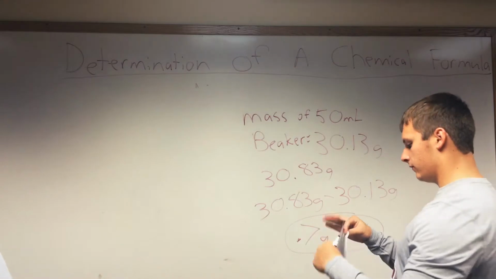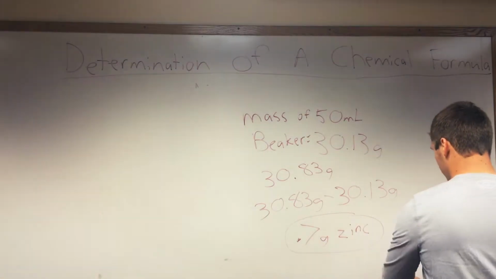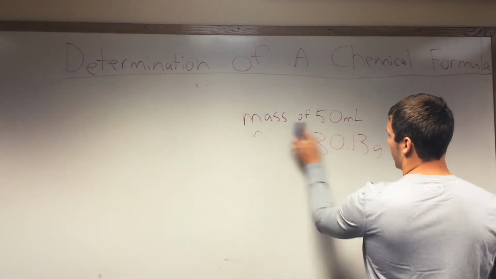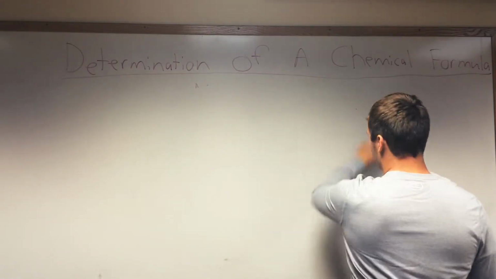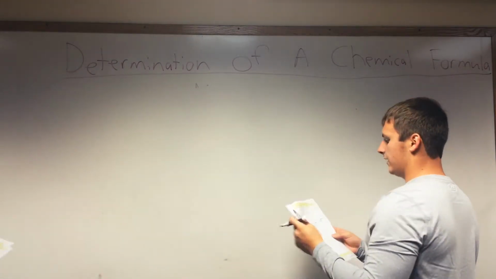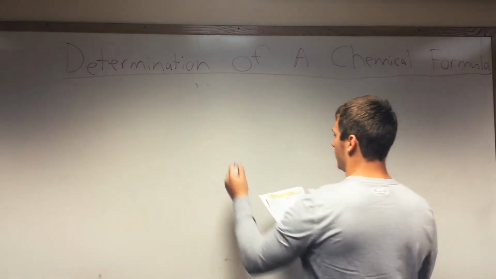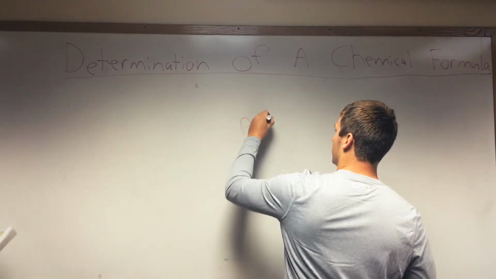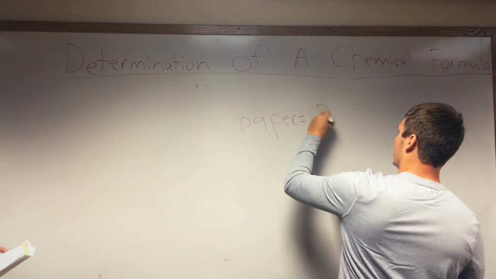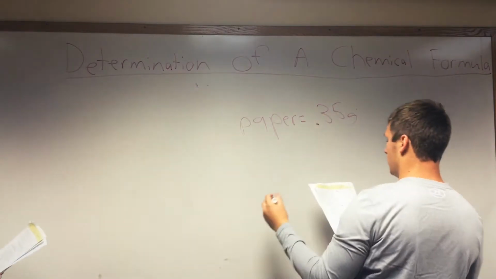Then we had to do the same thing, but we had to find the mass of the iodine. So we had to take a mass of the weighing paper. So the paper is 0.35 grams.